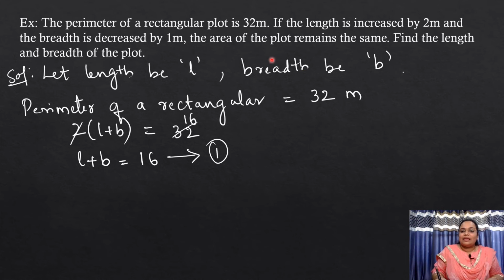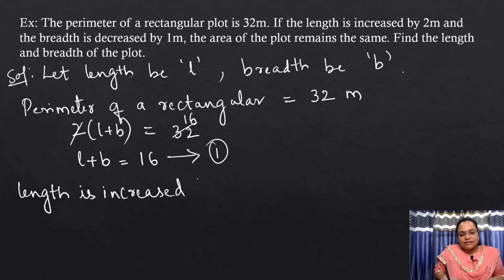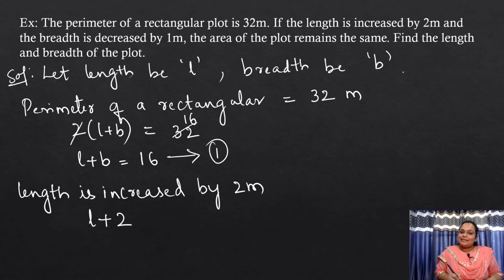Now, he says that length is increased by 2 meters and breadth is decreased by 1 meter. So, if the length is increased by 2 meters, that is L plus 2.